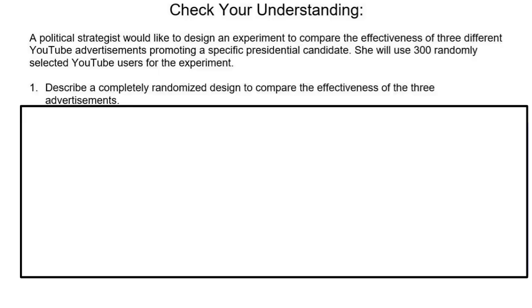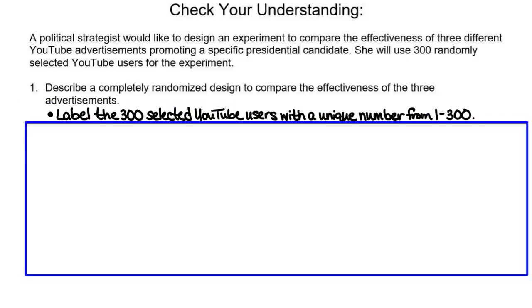All right, let's talk about this one. What's the first thing we want to do? Label. Label what? Yes. Label the 300 selected YouTube users, sorry, not YouTubers, YouTube users, with a unique number from 1 to 300. What do we do then?